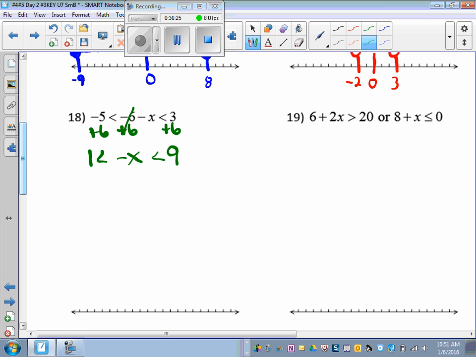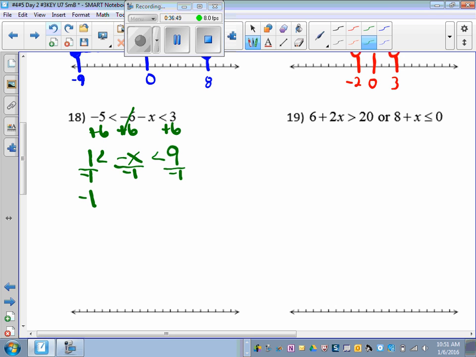You want to add the entire x over, but then that leaves us with 0 in the middle. We want to leave our x there. I currently have -1 times x. What do I do? Good. In order to get rid of that, I need to multiply or divide by -1 on both sides. -1 divided by -1 is 1. 1 divided by -1 is -1.